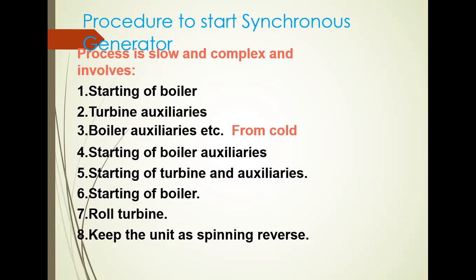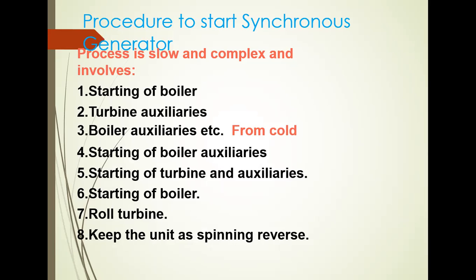Then after installation, to start the synchronous generator, the synchronous machine is needed, right? This process is slow and complex. Why? Because it needs three processes, that is starting of the boiler, turbine auxiliaries, and boiler auxiliaries. So from cold, meaning from the initial starting stage.